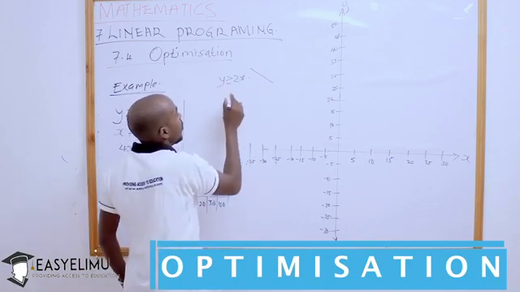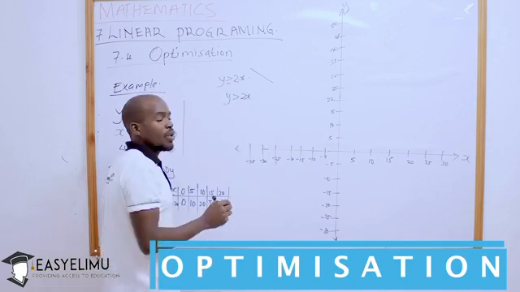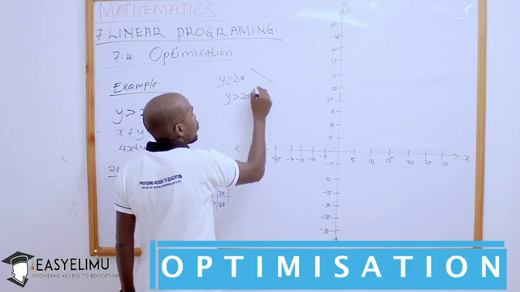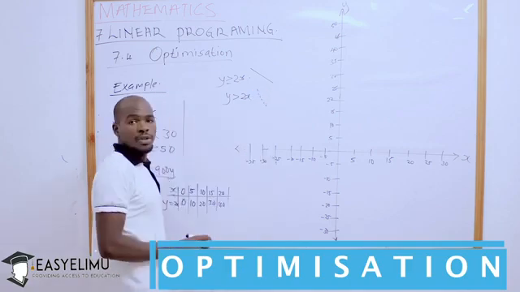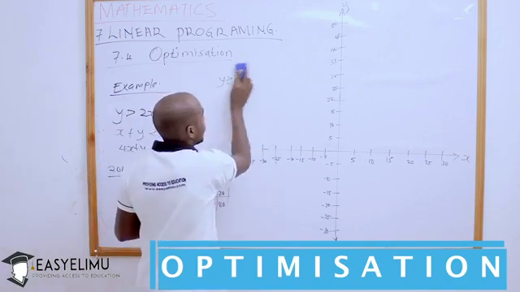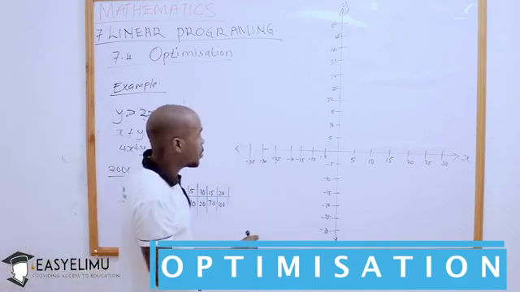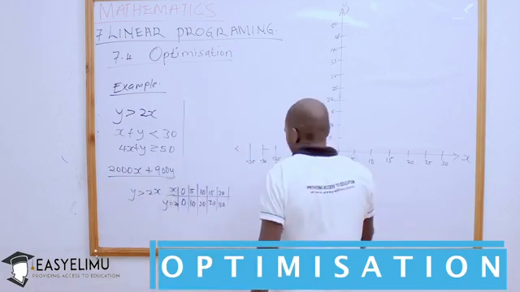But because we have y is greater than 2x, the line will be dotted. That is how we differentiate the inequalities. Now let's use that technique to draw it, plotting on the Cartesian plane.